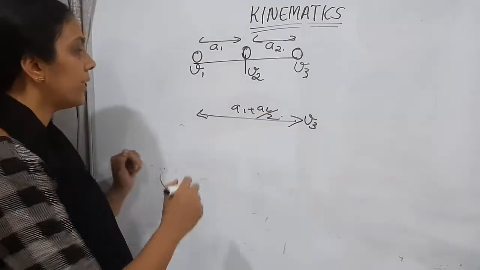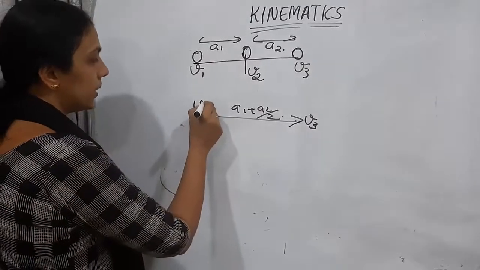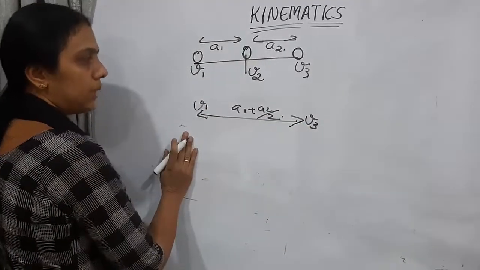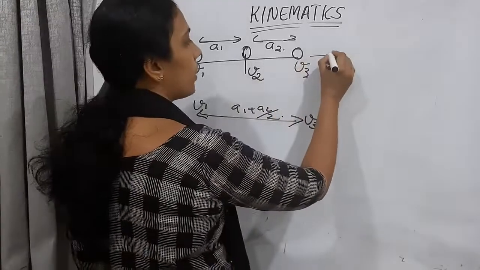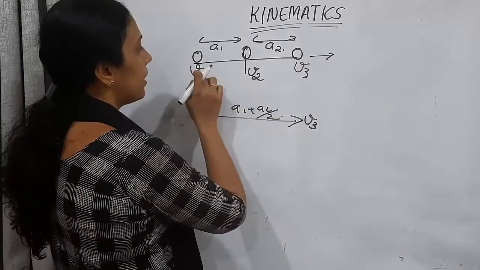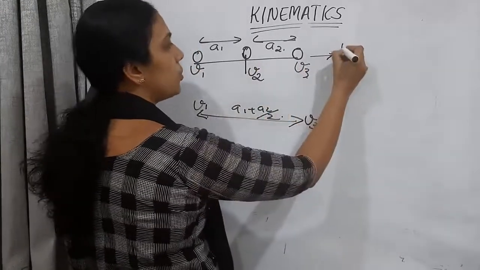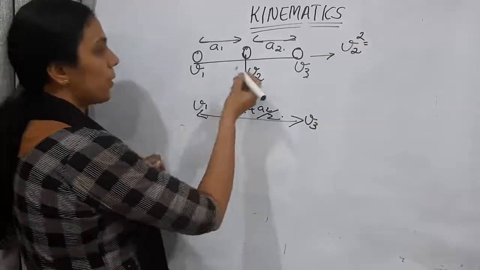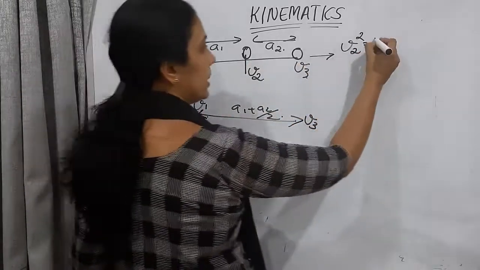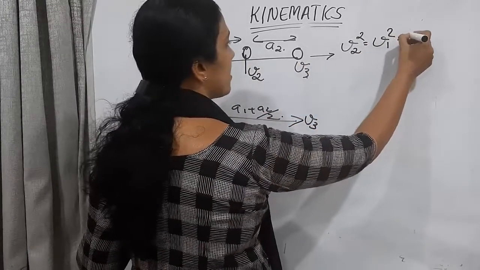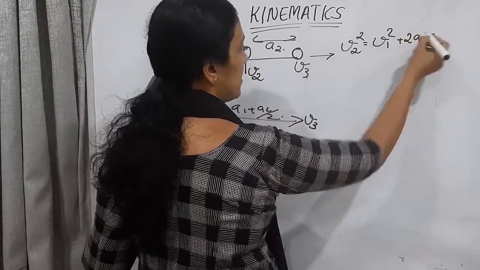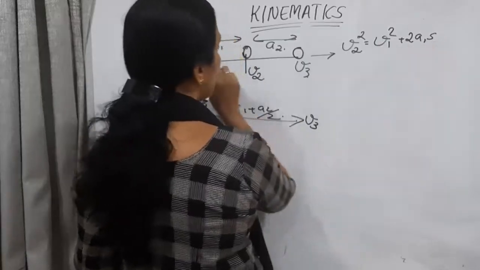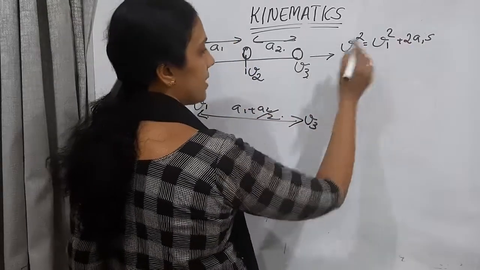So how can we find this out? Initial velocity is v1 and final velocity v3 itself. So here, how can we find the velocity? v squared equals u squared plus 2as. So v2 squared equals v1 squared plus 2 a1 into s. This half I am taking as s.